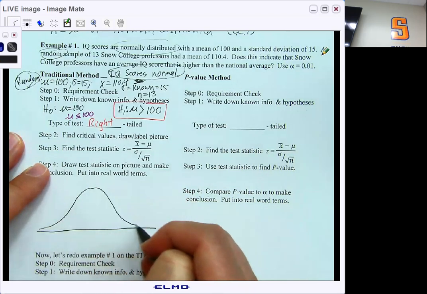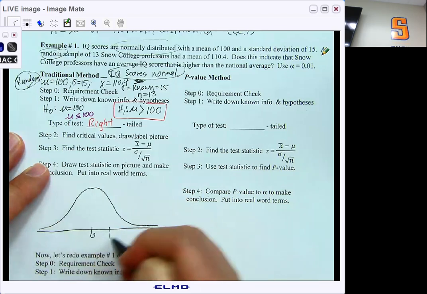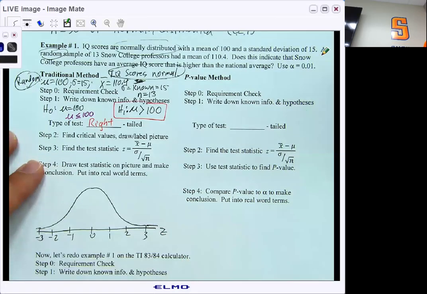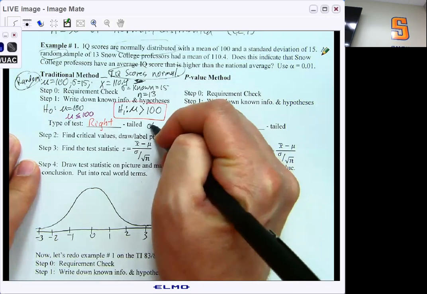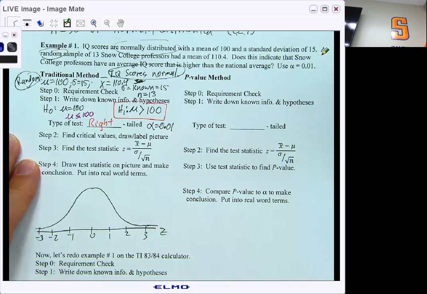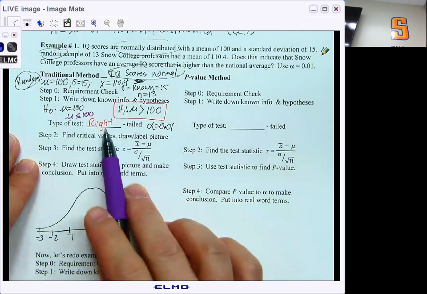If we do the traditional method, we need to draw our picture here, and we'll draw our z distribution. We want to remember that alpha, our level of significance, was 0.01. So we want 1% of the area in the right tail.